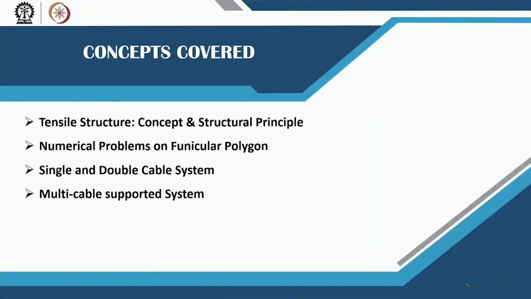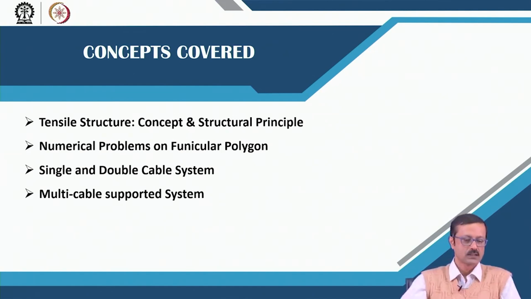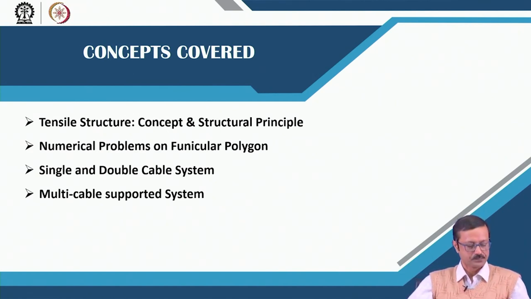In this lecture I am going to cover 4 concepts. I will initially start with the tensile structure, the structural concept and the principles, and then we will do some numerical problem solving on the basis of the funicular polygon. After that we will discuss single and double curvature cable systems and their applications, and finally we will end this lecture with the multiple cable supported system.